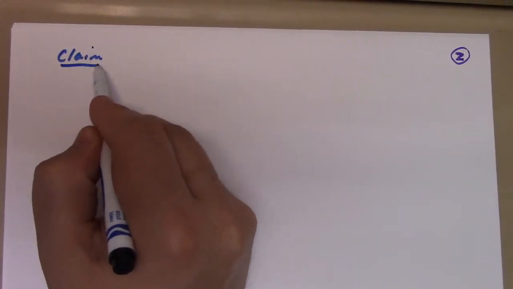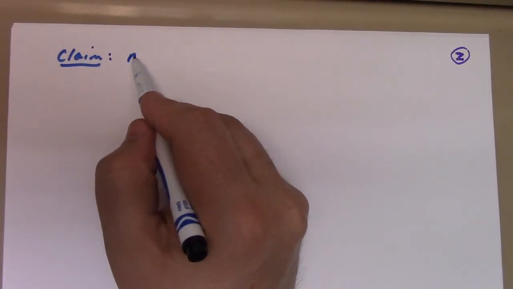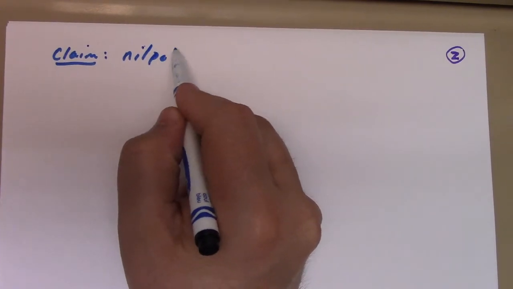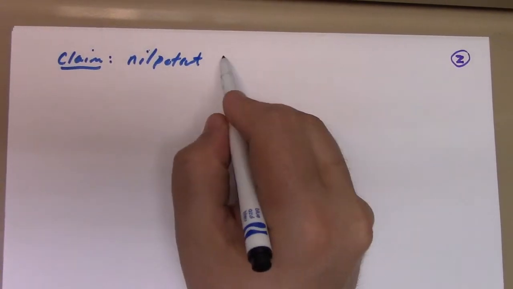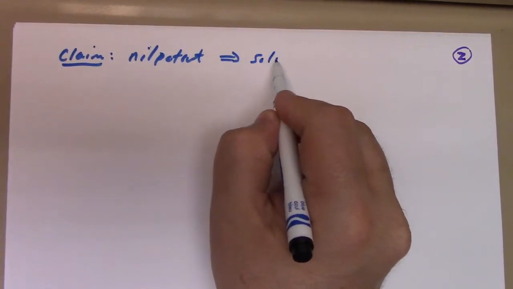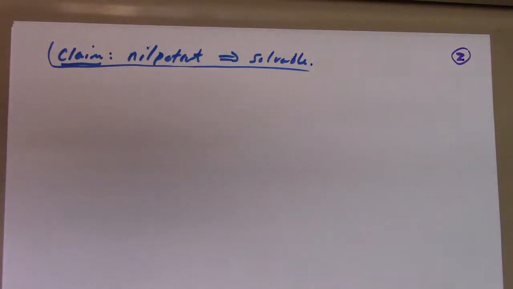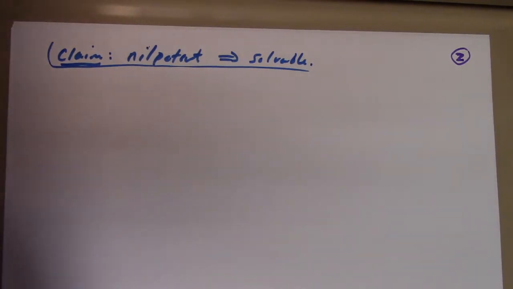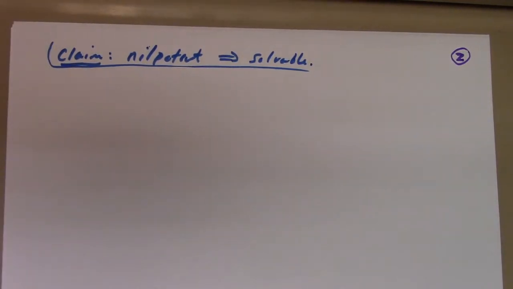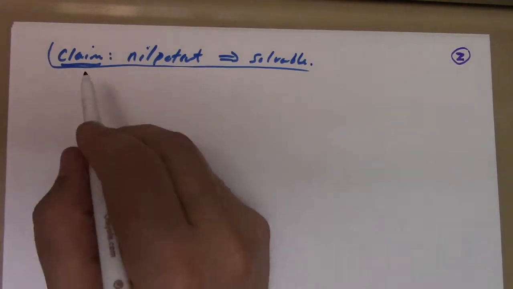So it was a claim: nilpotent implies solvable. And the proof of that, he says, is induction.